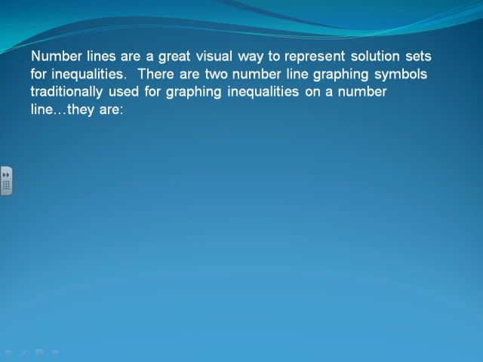Number lines are a great visual way to represent solution sets for inequalities. There are two number line graphing symbols traditionally used for graphing inequalities on a number line. They are the closed dot symbol, which is represented by a point that is included, and you use a closed dot for inequalities that are less than or equal to or greater than or equal to.